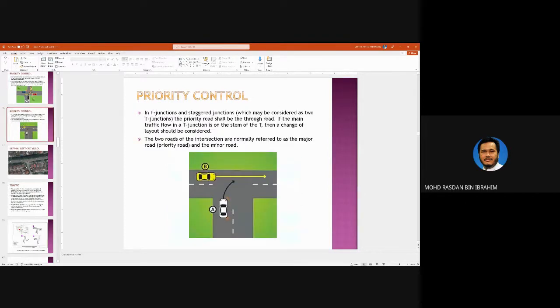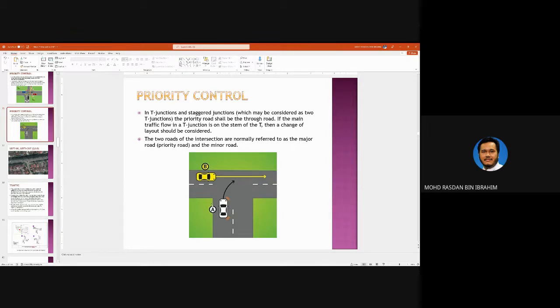Okay, priority control in T junction and staggered junction. The priority road shall be the through road. In a T junction, the through road has priority. If the main traffic flow in a T junction is on the stem, if this part is the major road, then a change of layout should be considered.